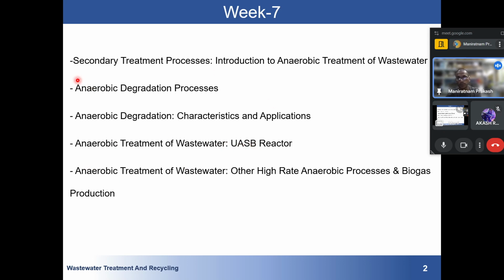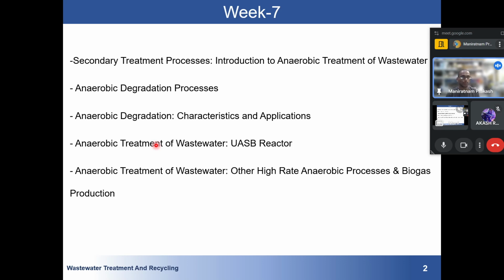Then one of the treatment units: for primary treatment we have the sedimentation tank, then we have the activated sludge process with the aeration tank and recycling of sludge. Similarly, for anaerobic treatment of wastewater, we have the UASB reactor.